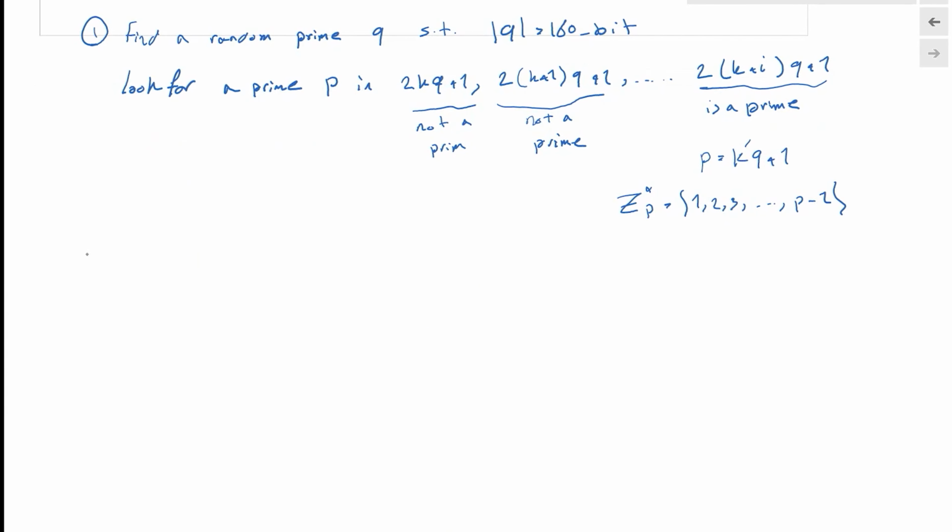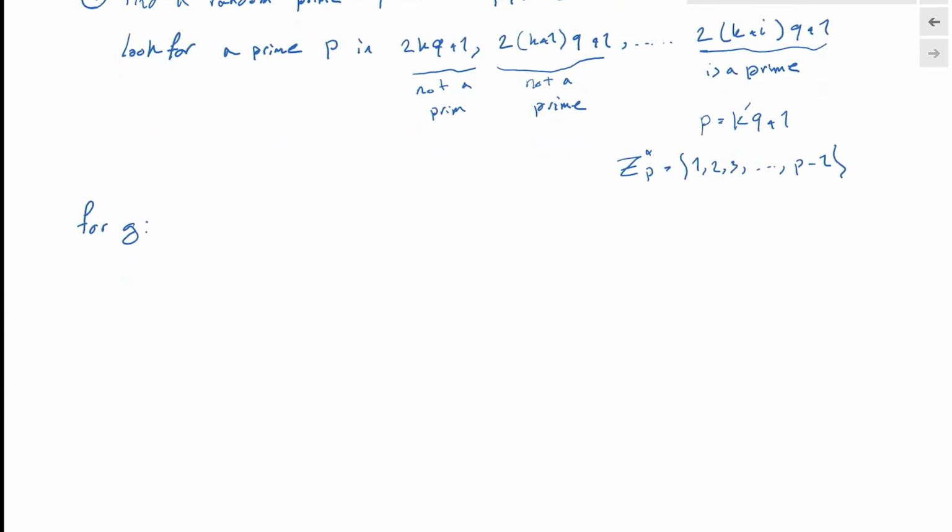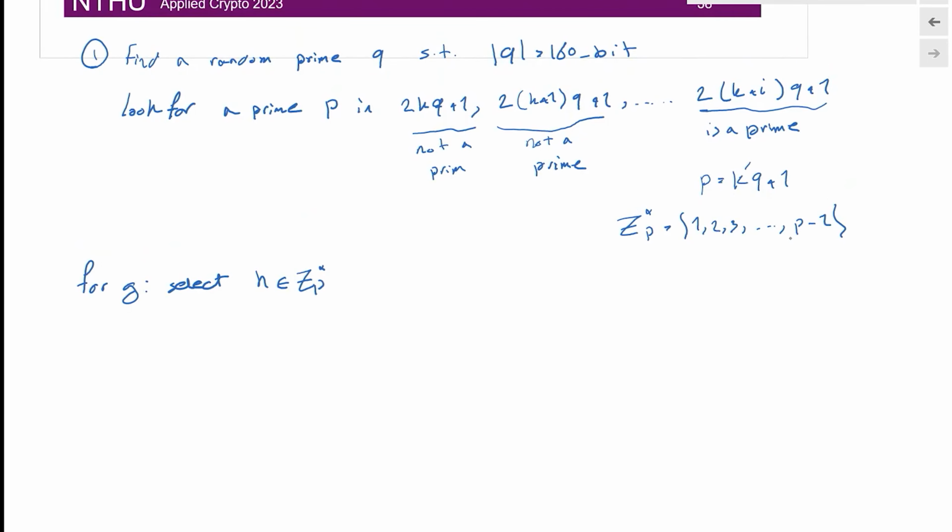So for G, we would follow this approach: select some random H from ZP star. This is the set that we are working on. We randomly select elements from this set and hope that it passes the test and turns out to be a generator in the subgroup.